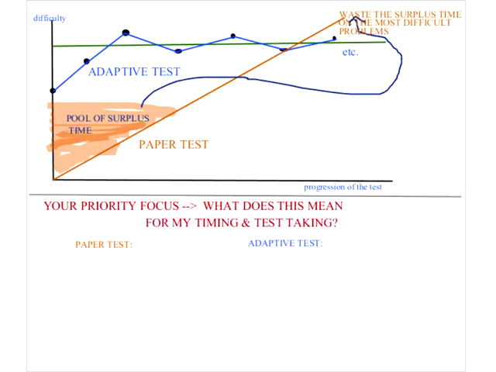So again, with a paper test, there are lots of factors that change the timing.